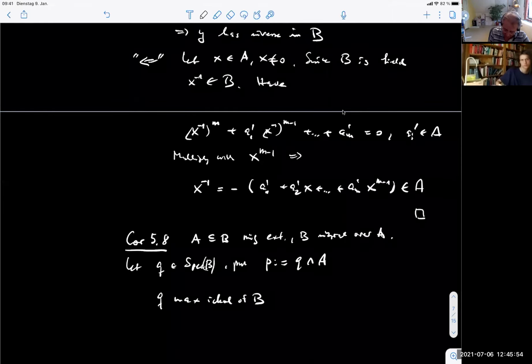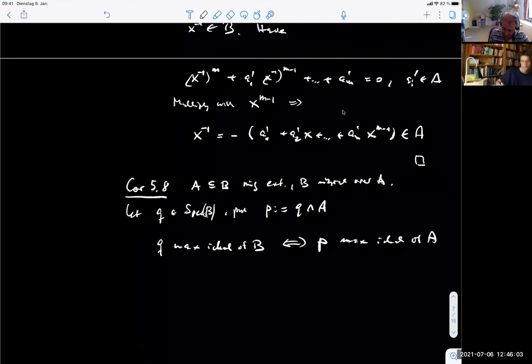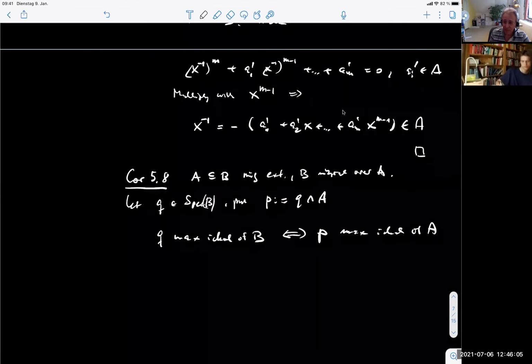And the statement is this happens if and only if P is a maximal ideal of A.